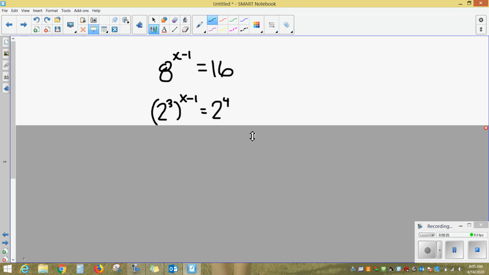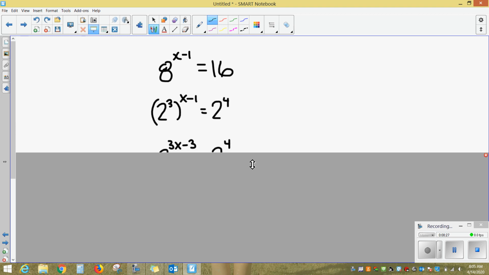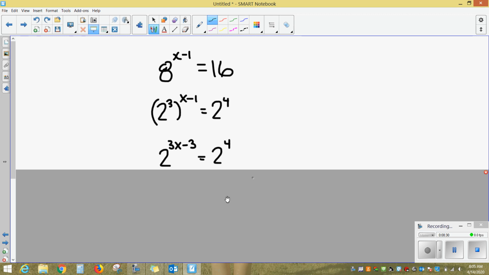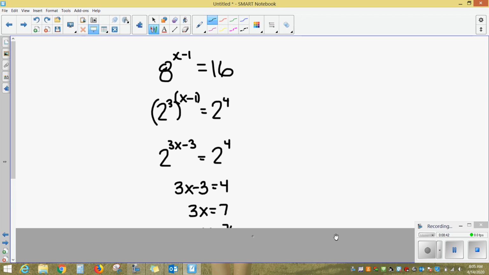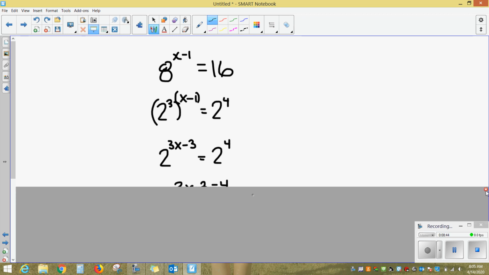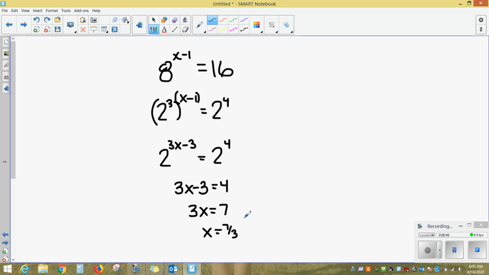Now here in the next step is where some of you will make a mistake, because when we multiply those exponents, don't forget we have to distribute. 3 times x minus 1 is going to be 3x minus 3. So from here we can say 3x minus 3 equals 4. 3x equals 7 and x equals 7/3.